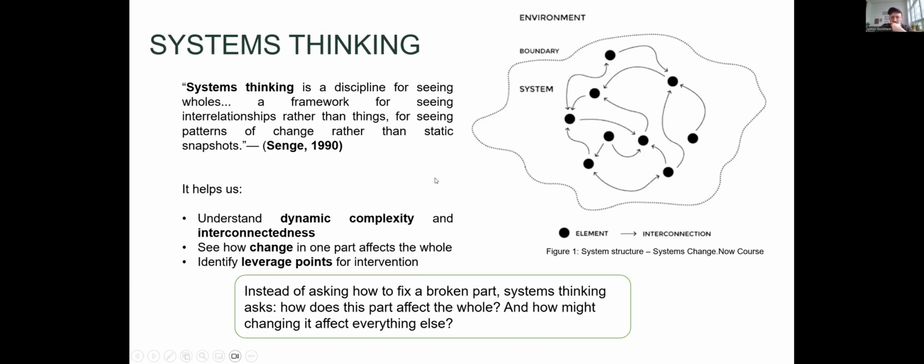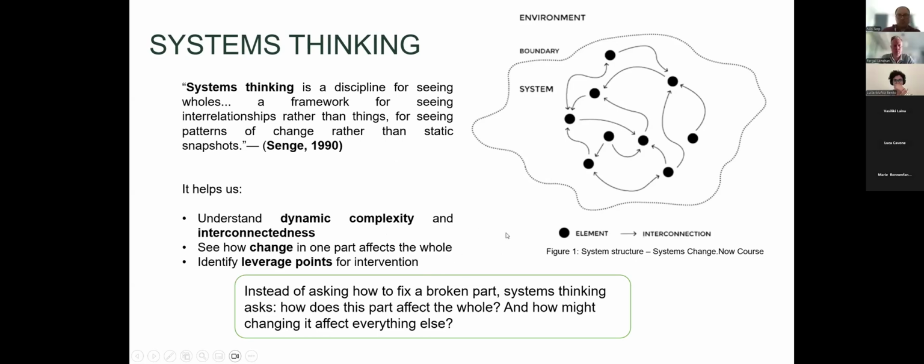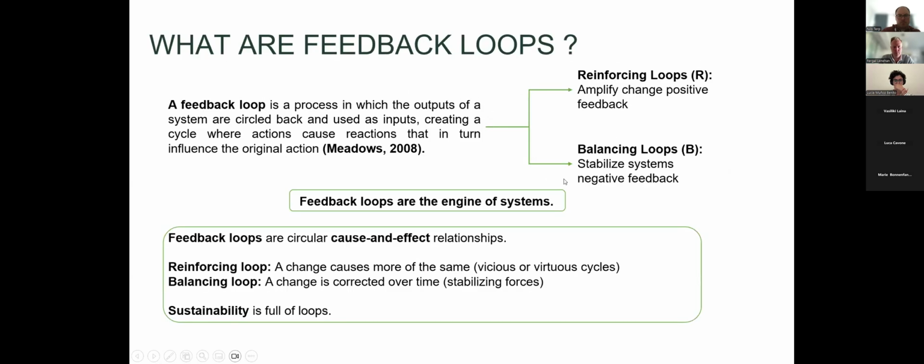Systems thinking helps us understand dynamic complexities and interconnectedness, and it helps us see how change in one part affects the whole and identify leverage points for intervention if we want to change the system. Instead of asking how to fix a broken part, systems thinking asks, how does this part affect the whole, and how might changing it affect everything else?